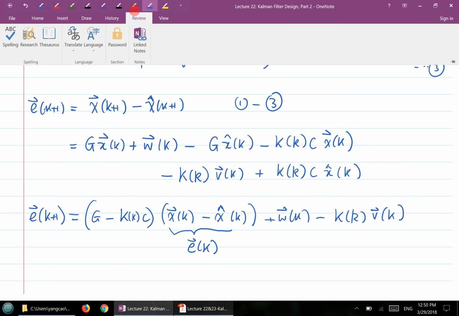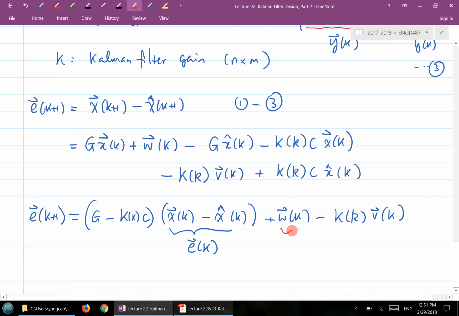Now temporarily, we're going to define these two terms. Let's call it n k here. Essentially, you see that that's process noise and that's sensor noise, right? So the expected value for this noise should be what? 0, right?